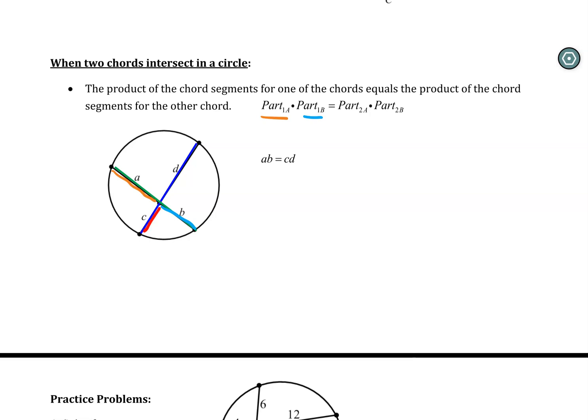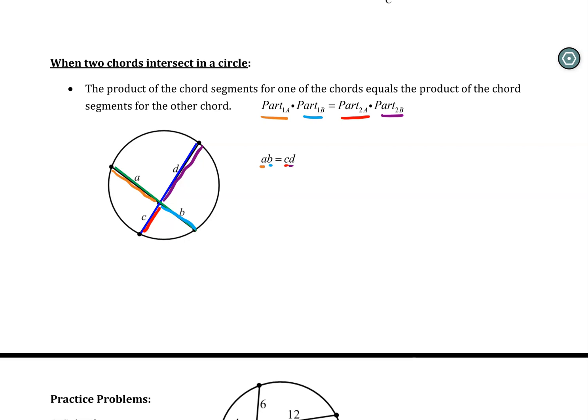We'll call this the first part, or in this case C, and the second part, which I'll highlight here, we'll call part D. So if I multiply them out, I take A, multiply that by B, and that will be equal to the product of part C times part D. That's what that means.